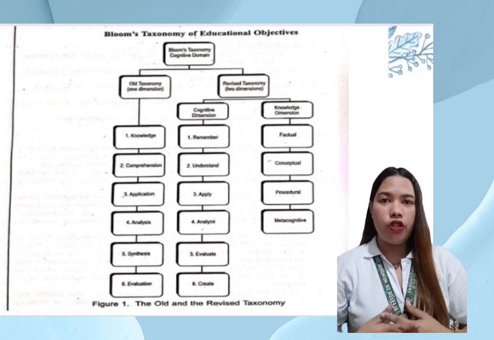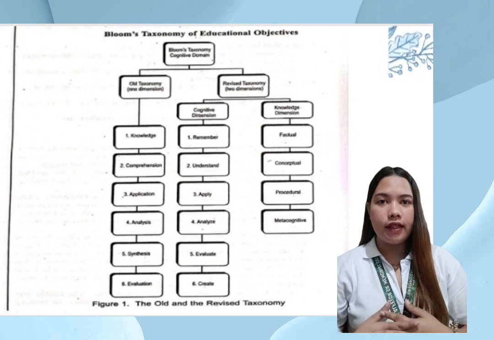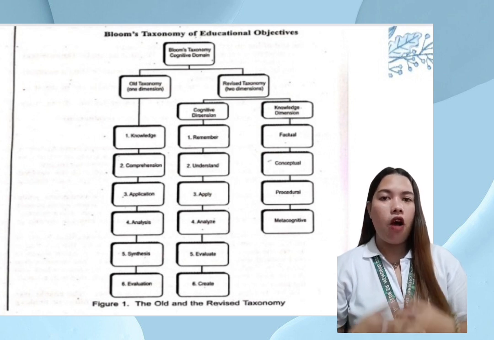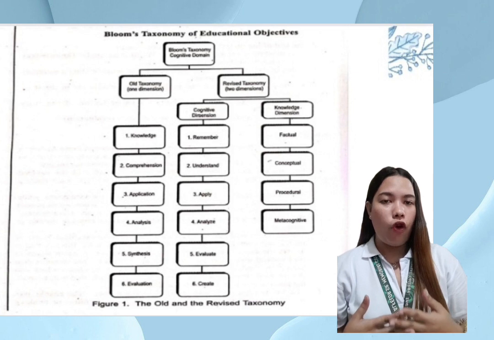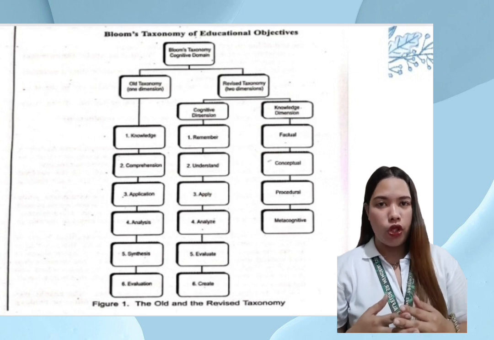There are 6 stages in the taxonomy, which are knowledge, comprehension, application, analysis, synthesis, and evaluation. First, the knowledge. This level represents the foundational aspects of learning and involves the ability to recall or recognize facts, concepts, or information.